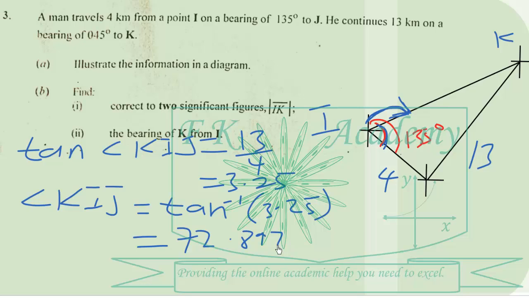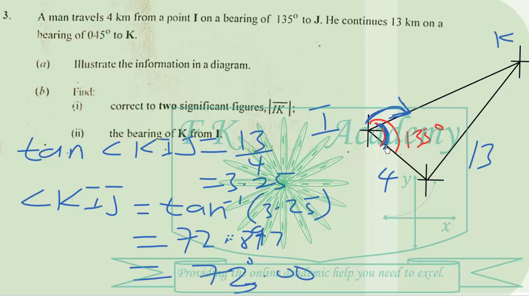So to the nearest whole number, that will give us 73 degrees. Even if you want to round to 2 decimal places, it will still give us 73.00 degrees. So that is this angle for you, 73 degrees.